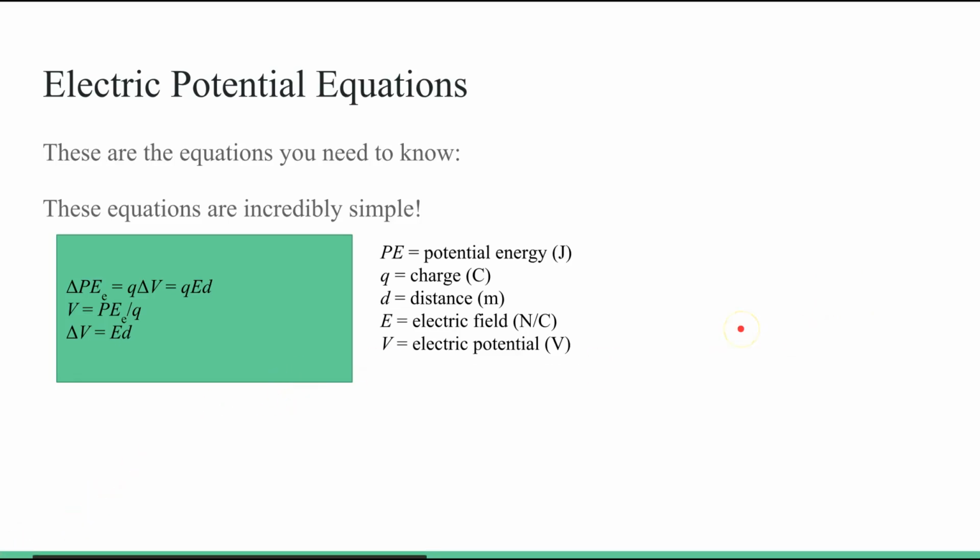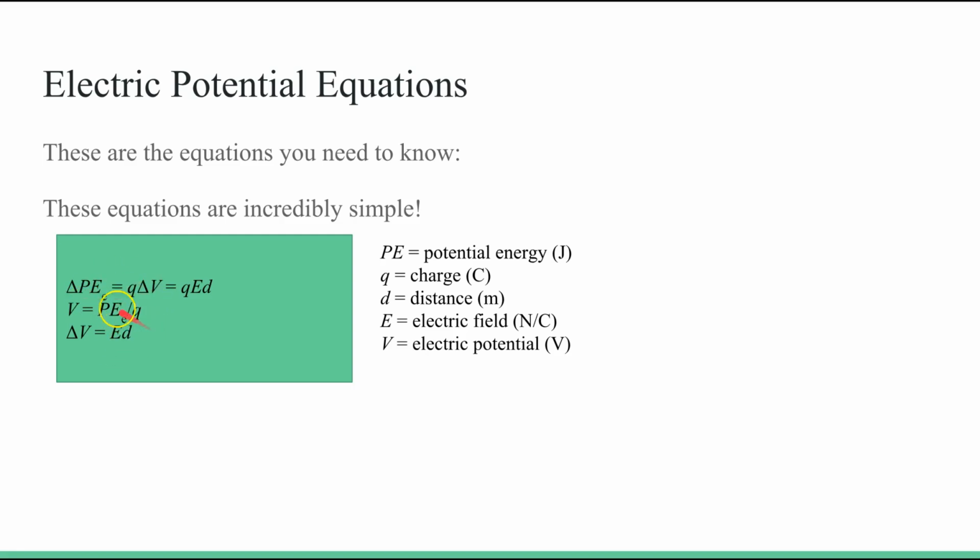Okay, so these are the equations you need to know for the test. They're incredibly simple. Since the electric potential is the energy per unit charge, you can just rearrange this.